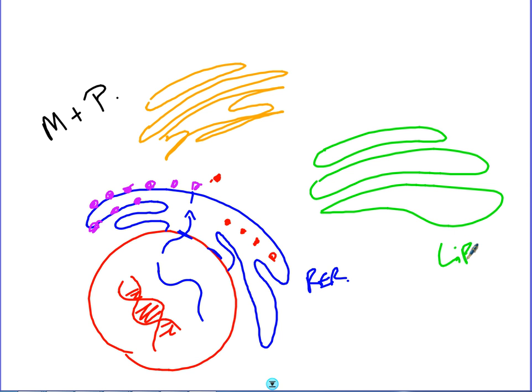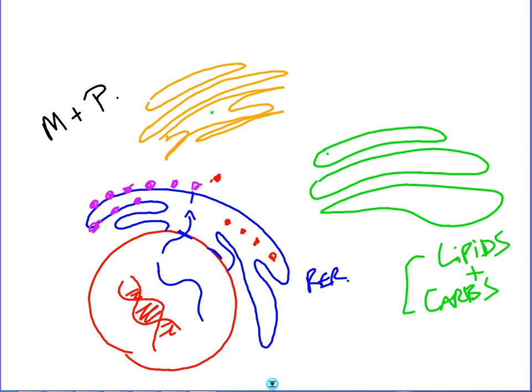This is responsible for the synthesis and storage of lipids, like cholesterol, and carbohydrates. They form molecules that are going to be transported from the SER to the Golgi. Now, some proteins, aside from being modified and packaged with these groups, also require these groups for their function.